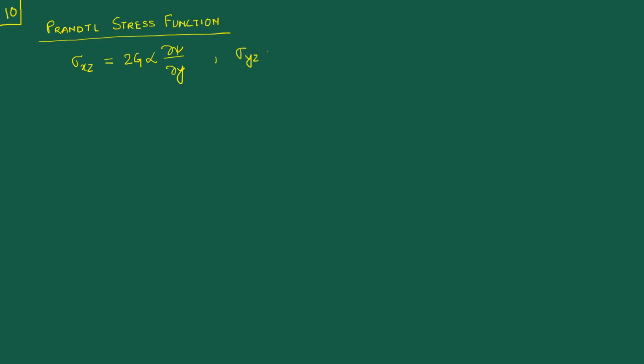Sigma yz is equal to minus twice G alpha del psi del x, and the underlying motivation for considering these kinds of expressions is to just ensure that the z component of the stress equilibrium equations gets satisfied.